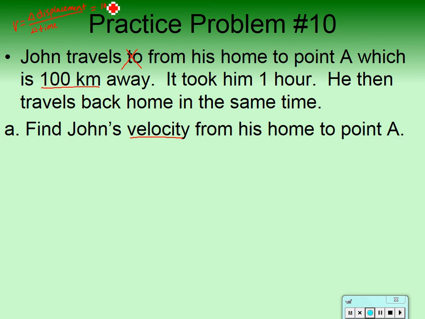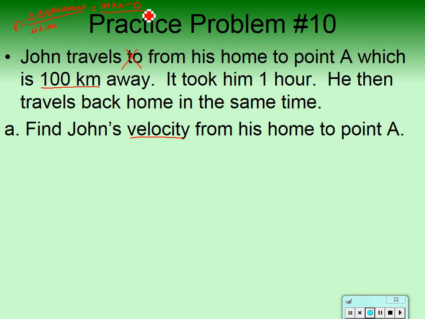So that's 100 kilometers minus his initial displacement at his home. I'm going to call his initial displacement 0, because that's where he started from. Okay, so 100 kilometers minus 0.